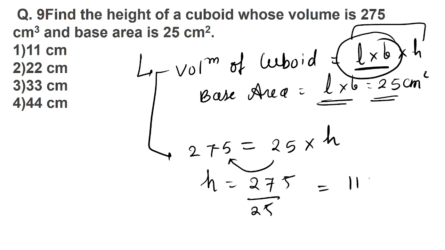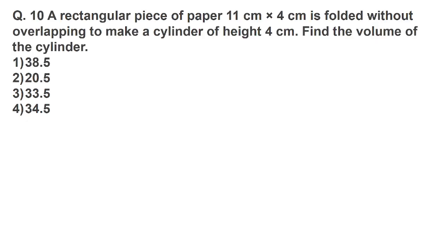This will give me 11 centimeter as my answer. Option number A is the correct answer for the given question. Understand only the formula for the volume of cuboid and what is the base area. So using these two formulas, we can say volume of cuboid is nothing but base area into height. Next question.